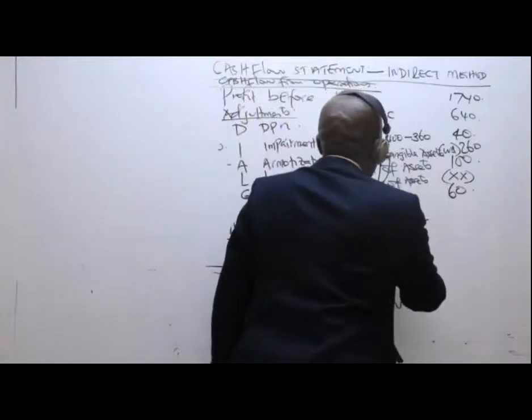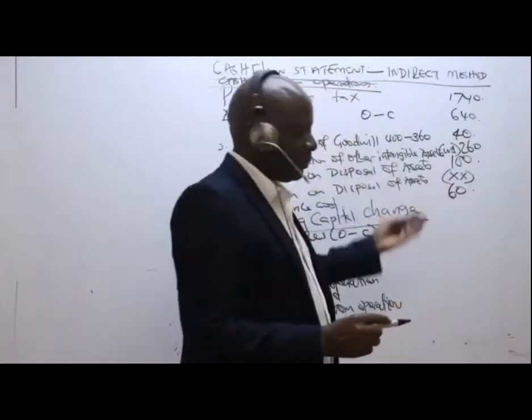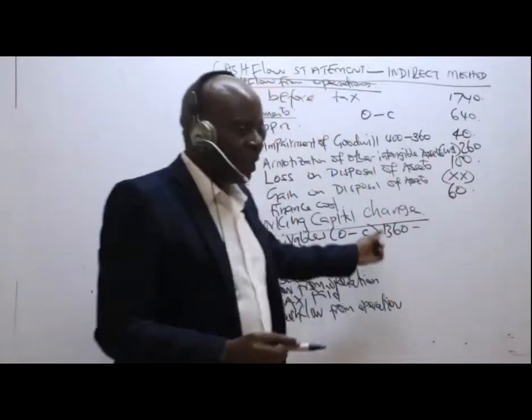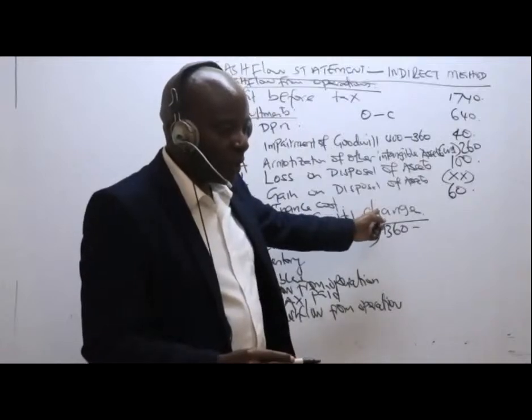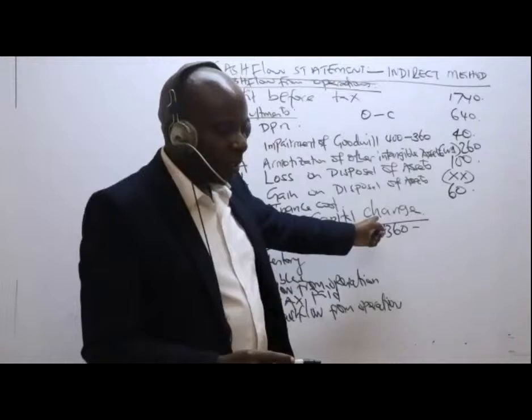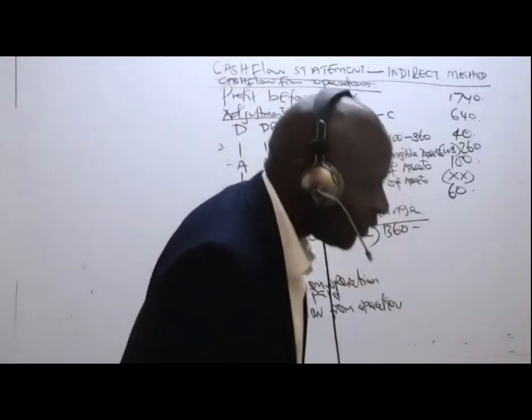Receivables, 1360. I've forgotten the other figure. Was it 1780? Now this means I'm becoming old. I'm forgetting the closing. Is there somebody who can remind me what the closing was? 1980, thank you very much.